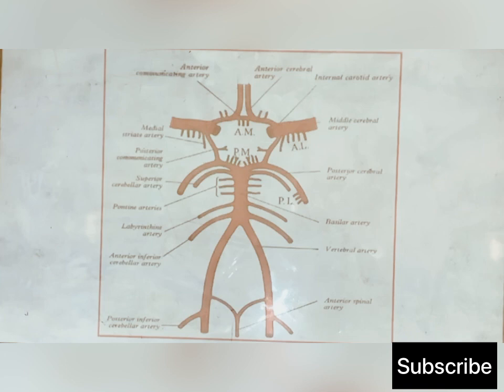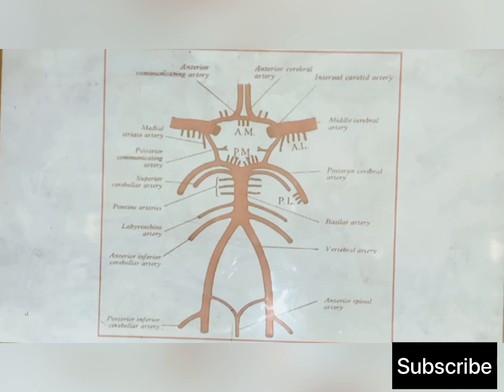Are you clear? The common carotid artery from the right-hand side comes from the brachiocephalic trunk. Brachiocephalic trunk, if you can remember, is a large trunk coming from the arch of the aorta that bifurcates into two to give rise to the subclavian artery supplying the right upper limb, and then the common carotid artery ascending up. Are you clear?